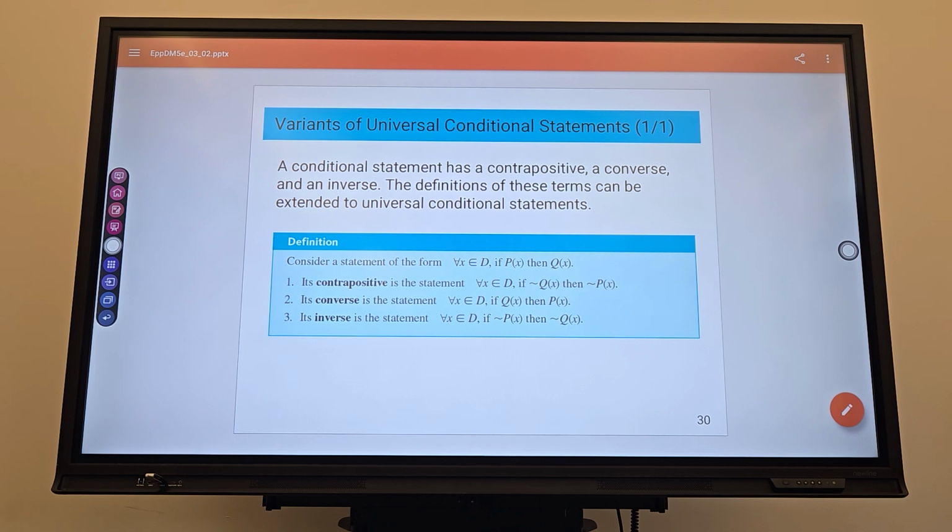The contrapositive is the inverse of the two predicates, flipped around from P then Q to not Q then not P. The converse is just flipping the two predicates around, so it's if Q then P. And the inverse is the inverse of the predicates without flipping them. So it would be if not P, then not Q.